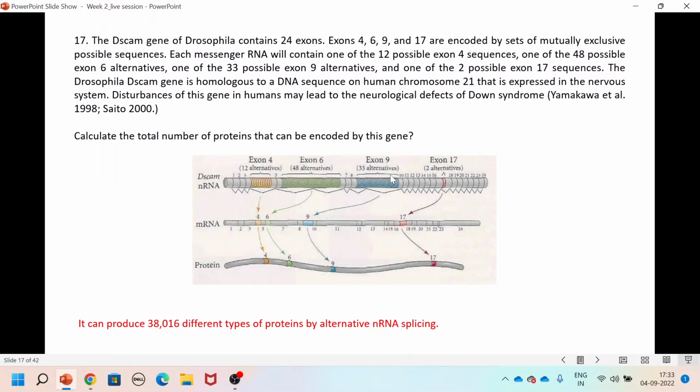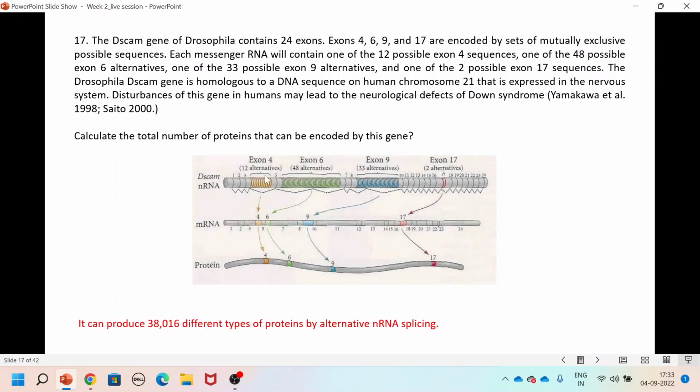Out of 33 alternatives for exon 9, one will be picked up, and for exon 17, out of two alternatives, any one will be picked up in the mRNA. So we need to calculate how many combinations are possible here.